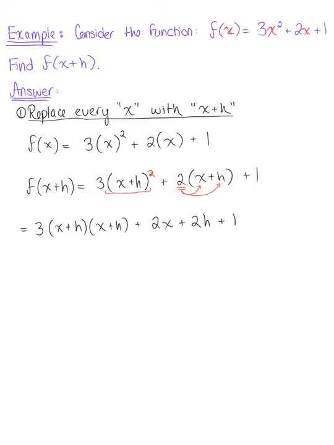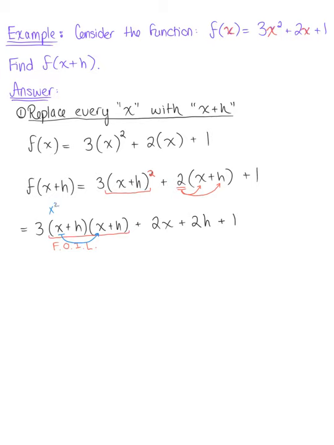So then to continue simplifying here, we're going to need to apply the FOIL method to x plus h. So we want to FOIL out the terms. So we know that we'll take this first x, we'll have x multiplied by x.